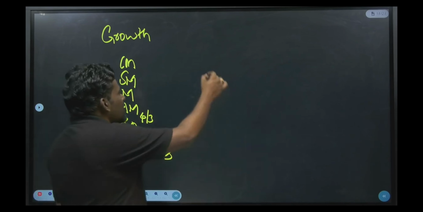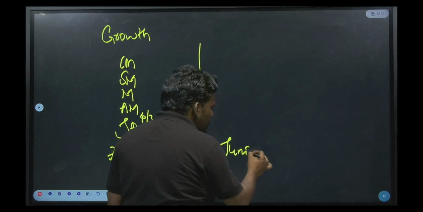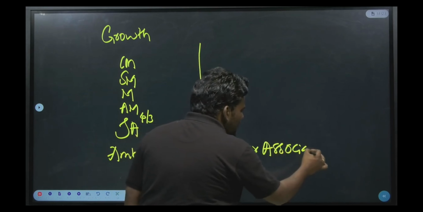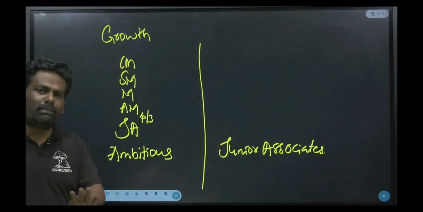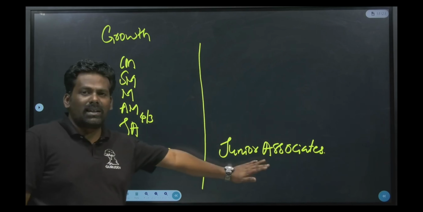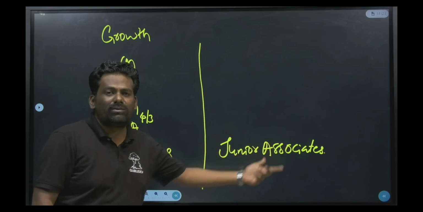There will be some kind of person who will be joining the bank as junior associate and they don't want any extra responsibilities and they want to live the life happily and peacefully. Such people can stay in the same cadre, but for them also there will be small promotions.